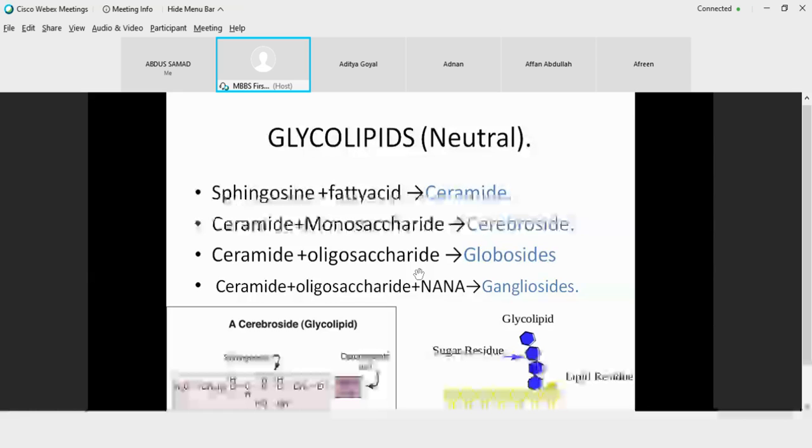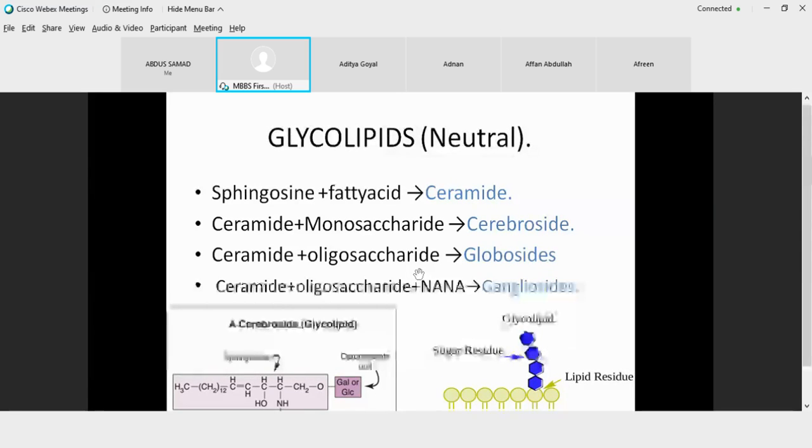Ceramide plus monosaccharide is cerebroside. Now, instead of a monosaccharide, if the ceramide has an oligosaccharide, then it is known as a globoside. Then to a globoside, if you attach a 9-carbon carbohydrate, that is N-acetylneuraminic acid, NANA, then this becomes gangliosides.